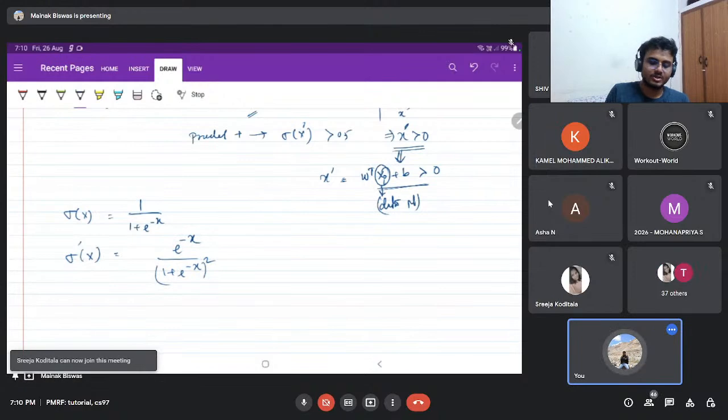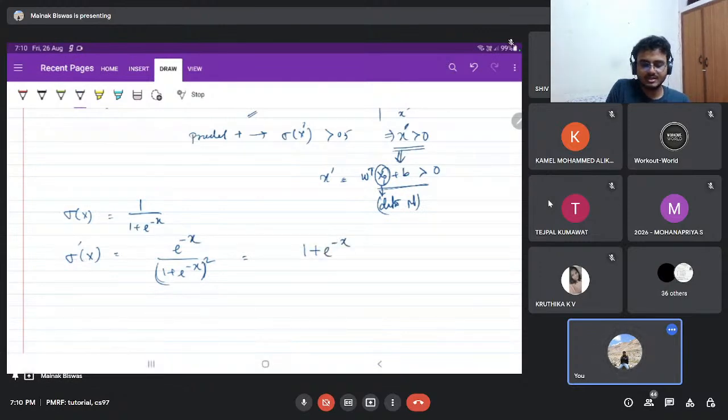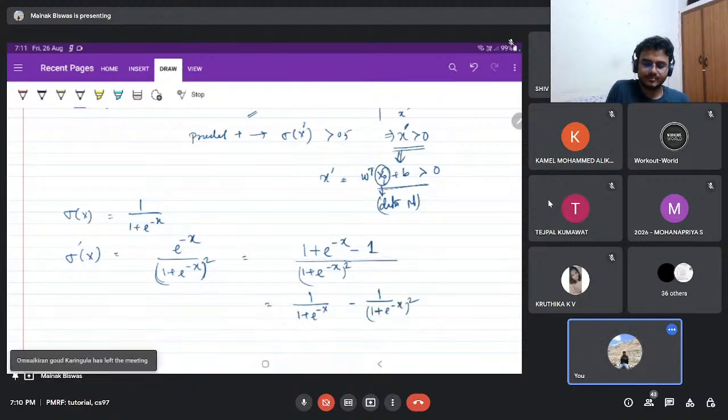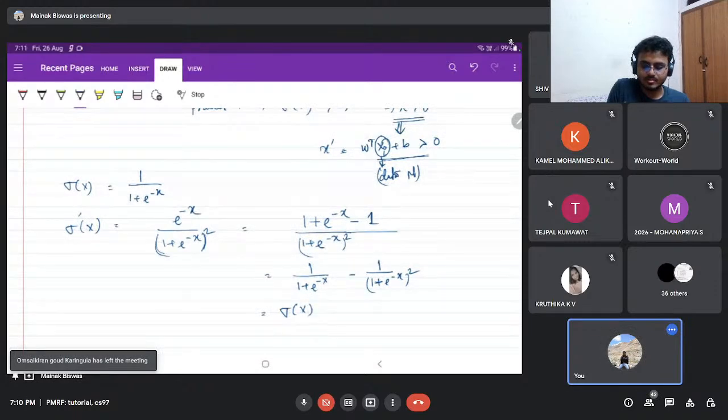So you take the derivative of the denominator, and then by chain rule the derivative of e to the power minus x. This means that this is 1 by (1 plus e to the power minus x) minus 1 by (1 plus e to the power minus x) square. So this is sigma x minus sigma x square.